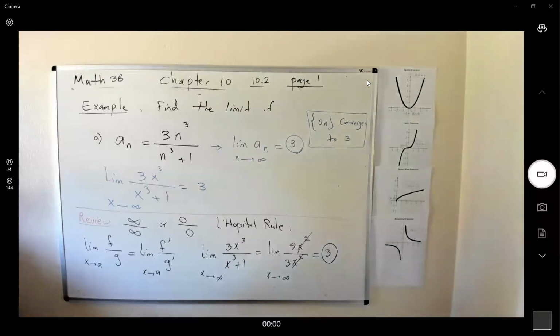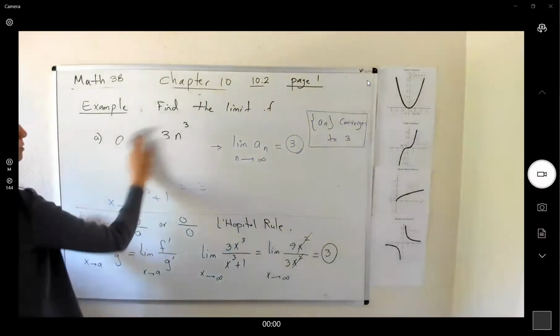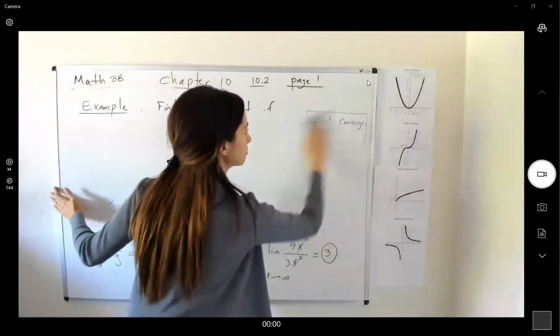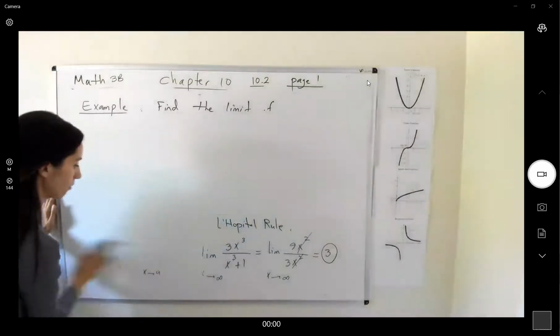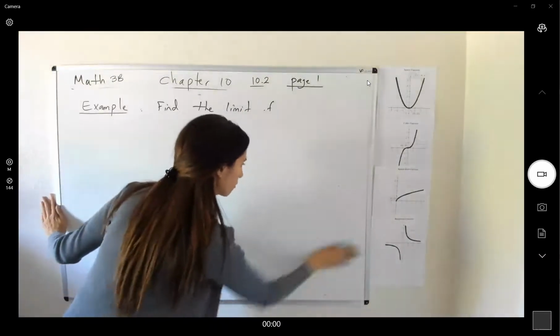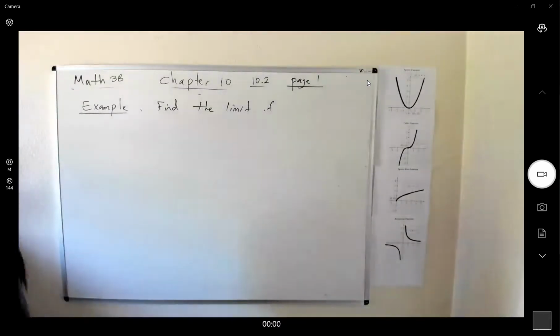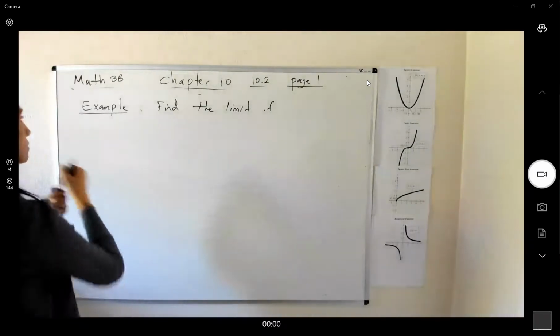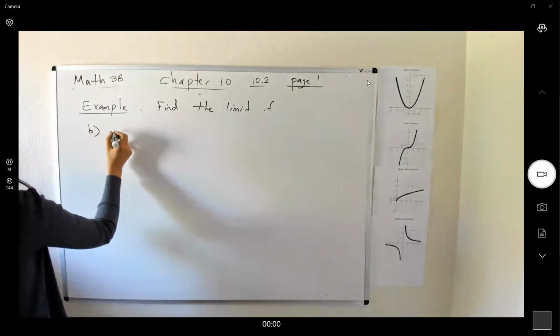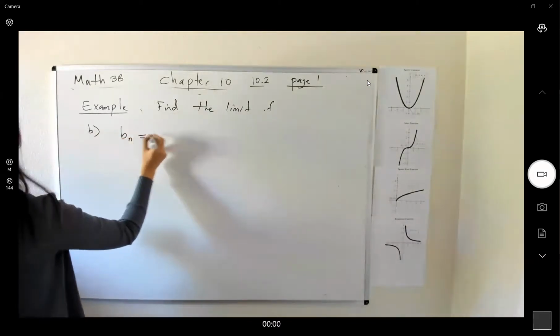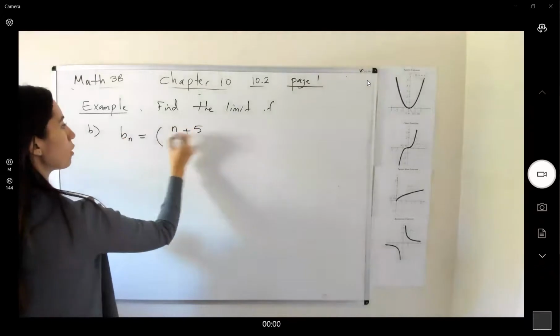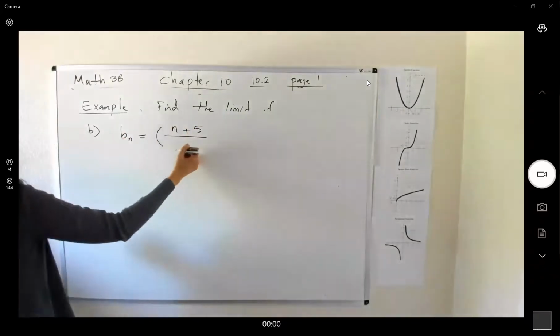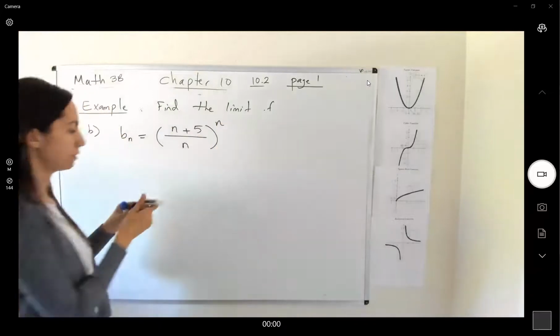Another example, please. B. They have this series, b_n is (n plus 5 over n) raised to n.